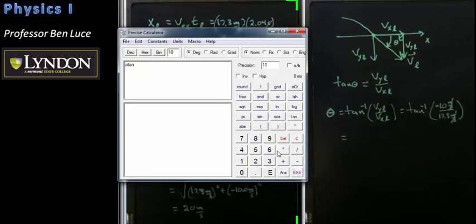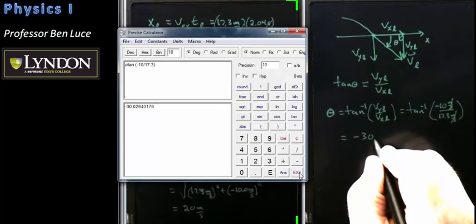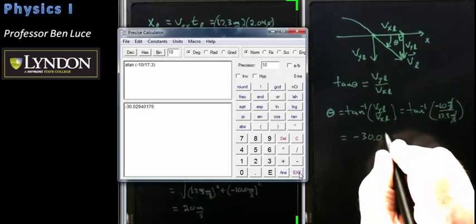So we're going to compute the arctangent of minus 10 divided by 17.3. And the computer gives us minus 30 degrees. And to 3 sig figs, minus 30.0 degrees.